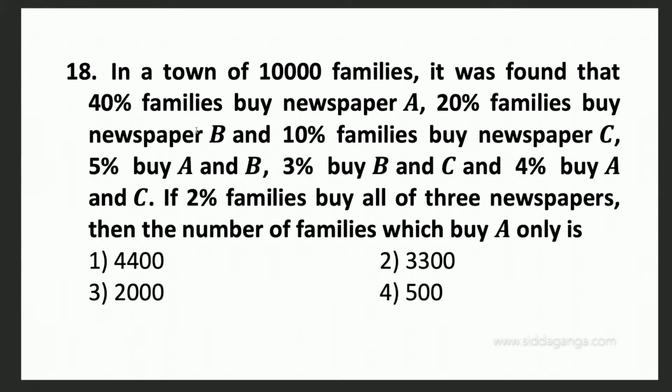Because we survey 10,000 families. 40% of 10,000 is nearly equal to 4,000. So 9th and 10th class you solved this one. And 20% of the families read newspaper B, N of B, 20% of 10,000, which is nearly equal to 2,000.